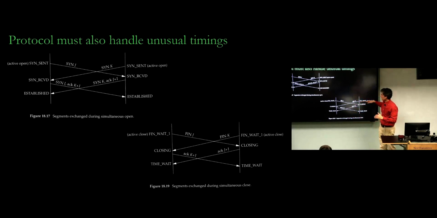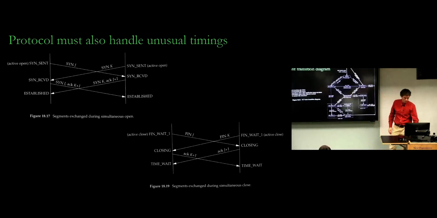And same thing for simultaneous close. The rules are shown in this flowchart, which is complicated. So if you were implementing TCP, you would have to think carefully about all the different states. These circles represent different states you could be in in terms of connection states. Initially, this is the starting point, everything is closed.